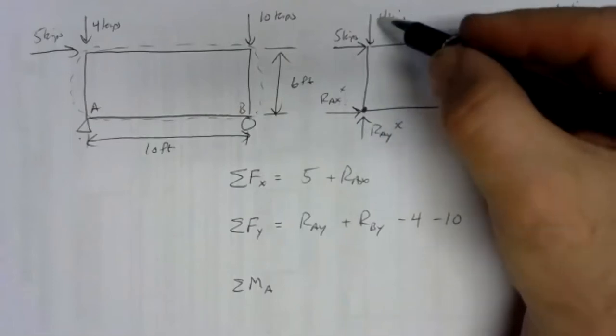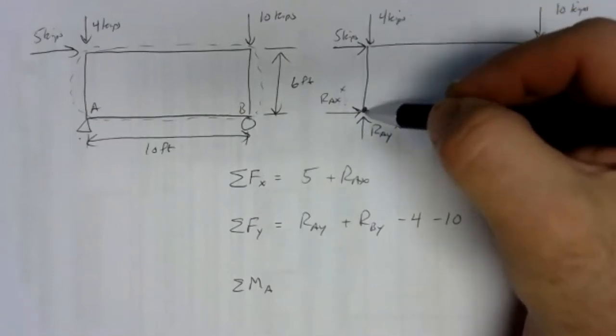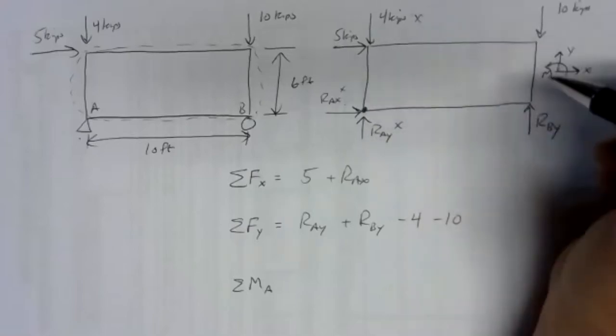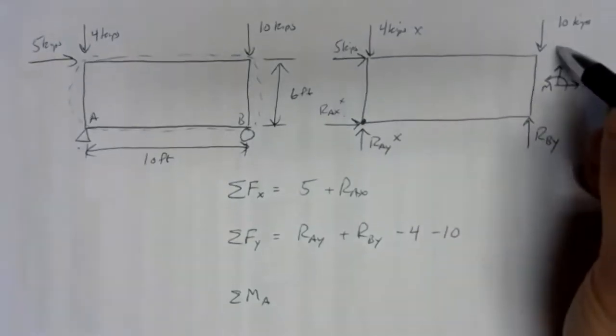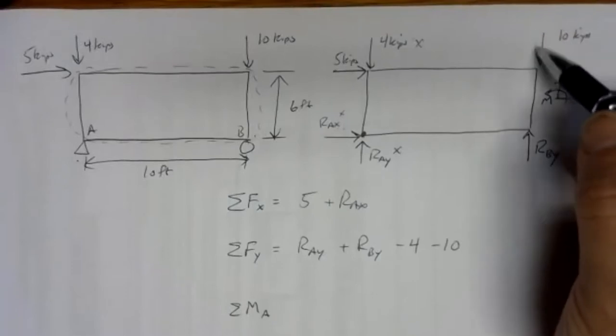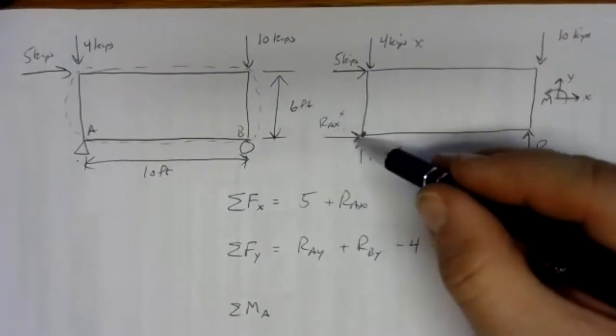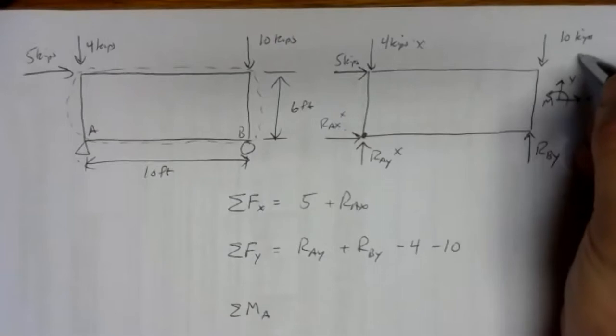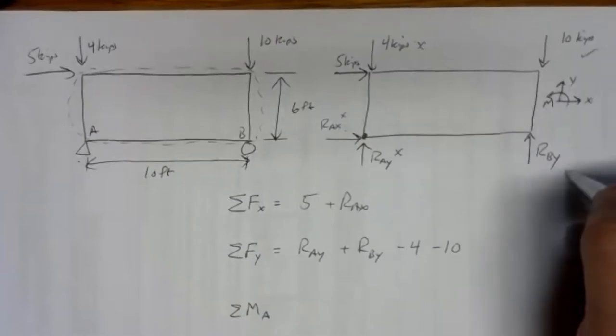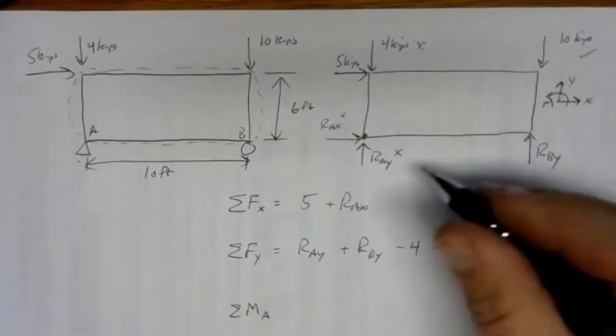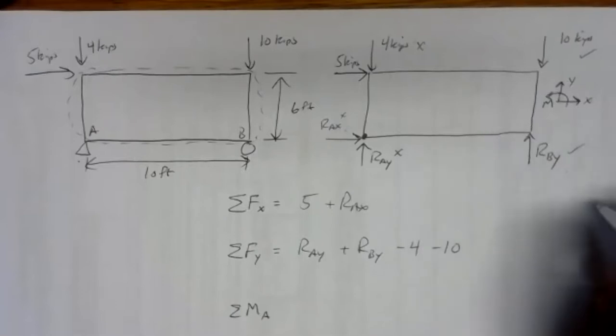So as far as the moment's concerned, it may as well just be pushing right down here. So this 4 kip force does not have a moment. The 10 kip force, on the other hand, does. The line of action is definitely not running through A, so that will have a moment. RBY similarly has a line of action that doesn't run through A, so it'll have a moment.